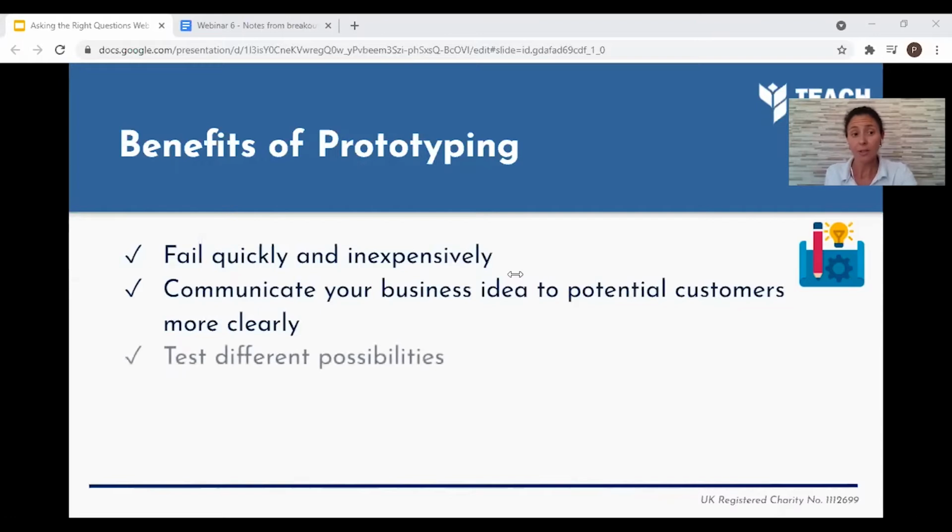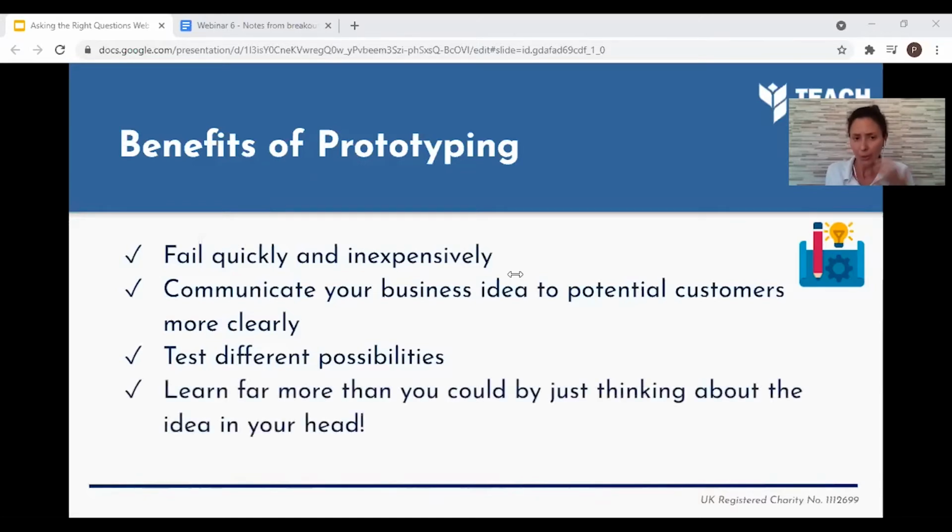Another reason, you can test different possibilities, different materials, sizes, and colors, and find out which one might work best or is the most popular. And the last one, overall, you can learn far more than you could by just thinking and talking about the idea, because prototypes help you to see how things will work in real life, not just in theory.